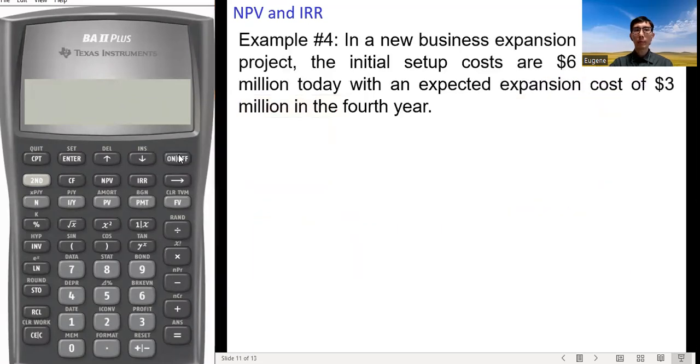The next example. In a new business expansion project, the initial setup costs are $6 million today, with an expected expansion cost of $3 million in the 4th year.